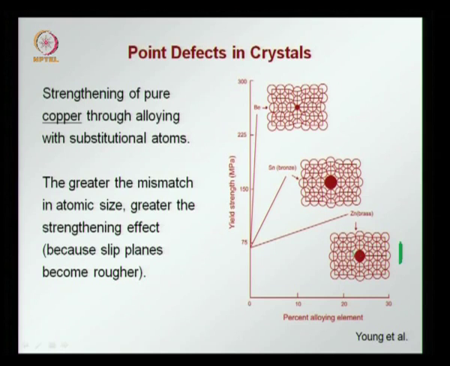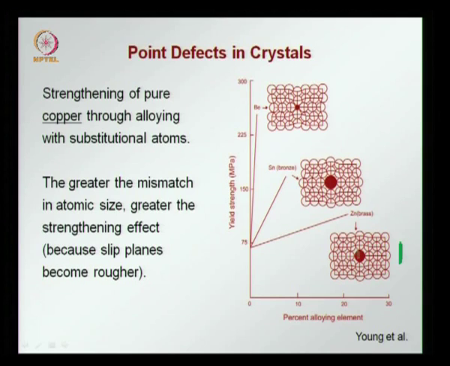If this was not there, then both the planes would be smooth, so there would be easier slip occurring between the two planes. Now as this zinc atom is introduced, you have a distortion in the plane, so when slip has to occur, we can imagine that the slip planes are now bumpier or rougher, so more energy is required for the slip to occur.